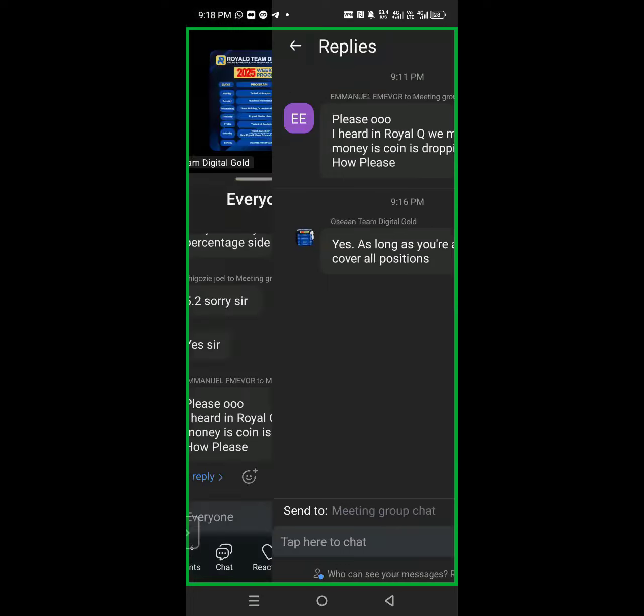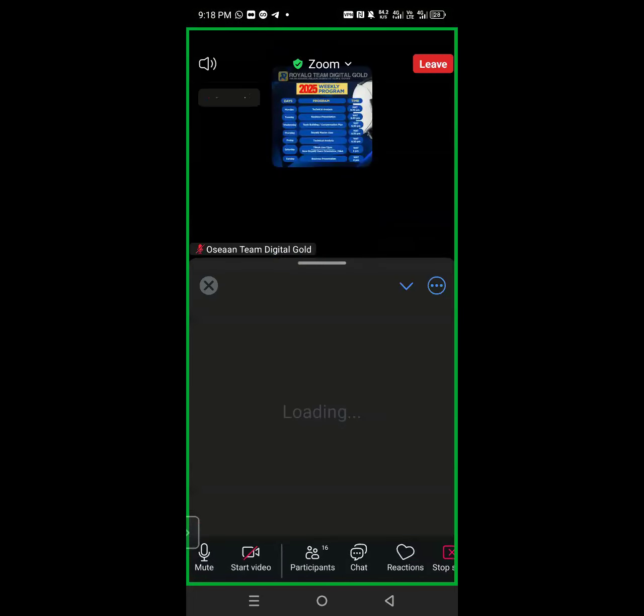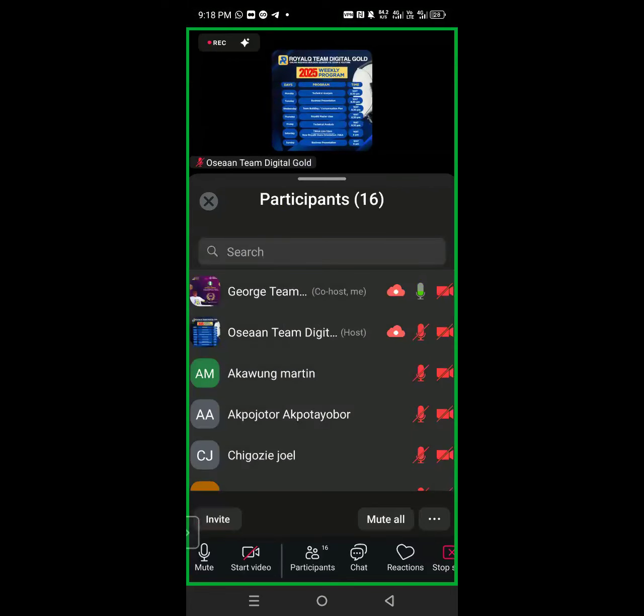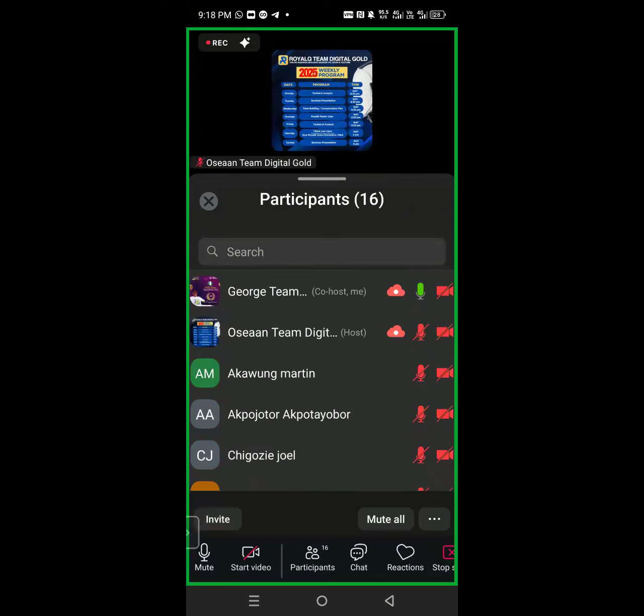Okay, so do we have any other question on the spot trade settings? Because we want to enter futures now. Do you have any more question on the spot?